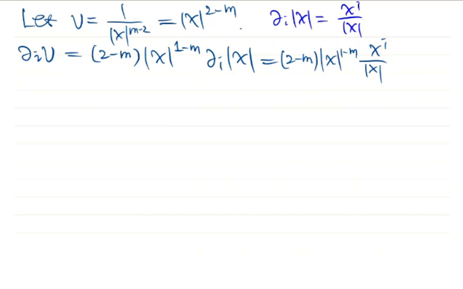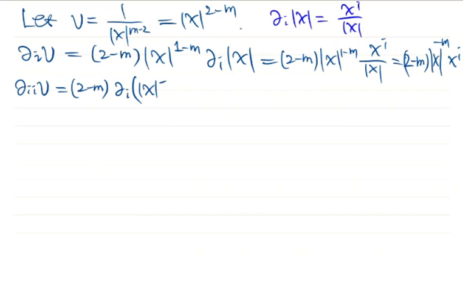Then we compute the second derivative with respect to xi. That is 2 minus m times the partial derivative of norm of x to the minus m times xi.